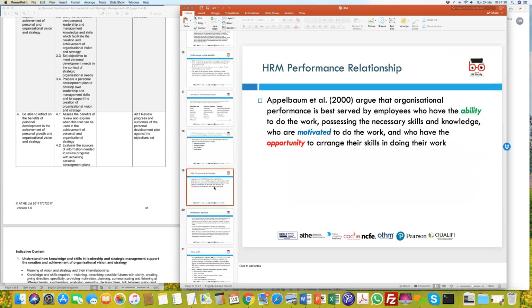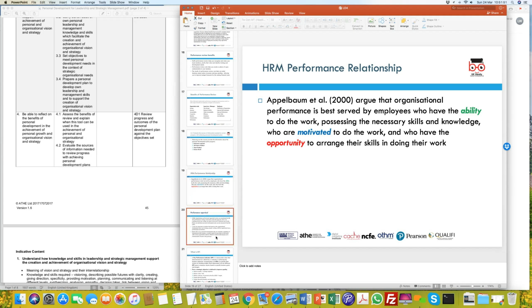According to Appelbaum and the research that he did, he argued that organizational performance is best served by employees who have the ability to do the work, possess the necessary skills, and have the knowledge and motivation to do the work when given the opportunity to exercise their skills.